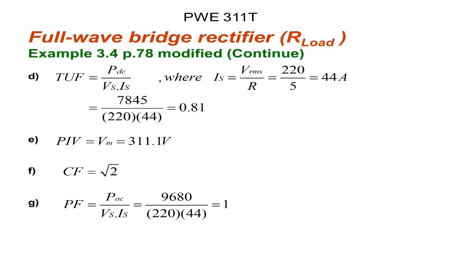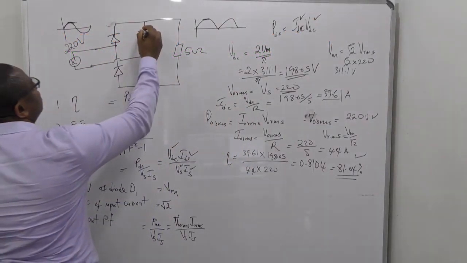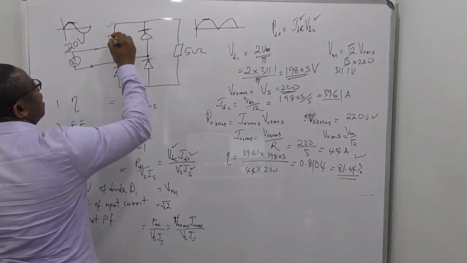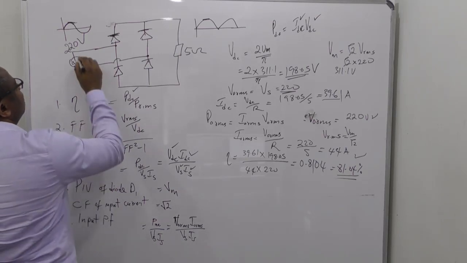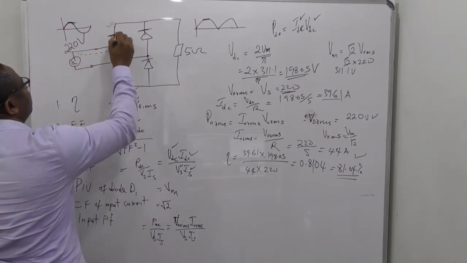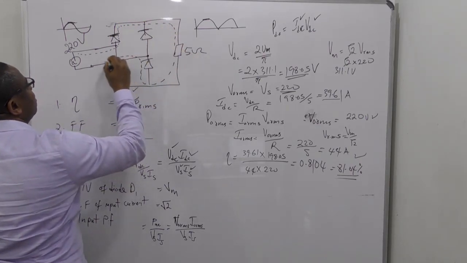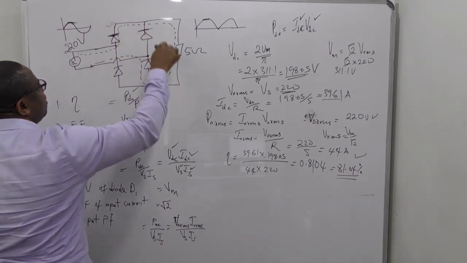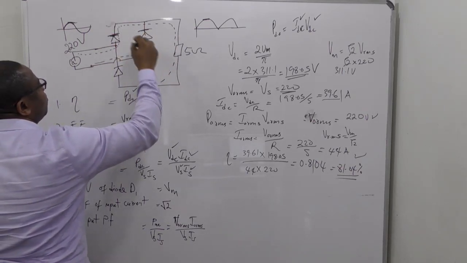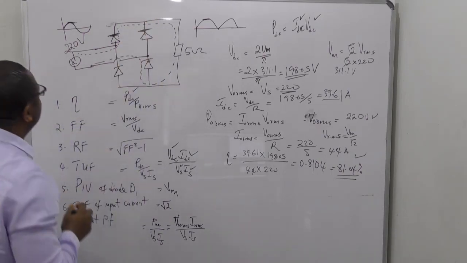So, just substitute, you get 0.81. Now the peak inverse voltage. Remember, the peak inverse voltage is how much voltage the diode can block. If this is going in the forward direction, then on reverse this has to block the peak value.